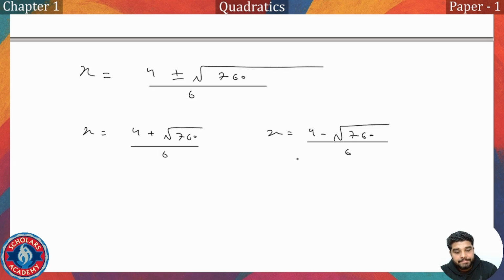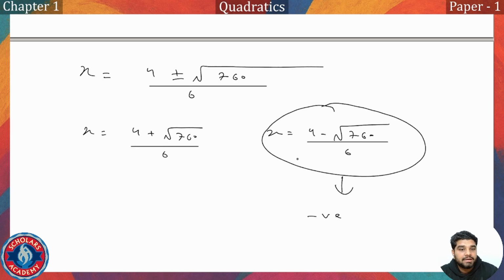We cannot choose this particular value for x because this will give us a negative answer. Root of 760 is greater than 4, so that will give us a negative answer, but we will choose this because it's positive. So we get x is equal to 4.93 by taking this result.